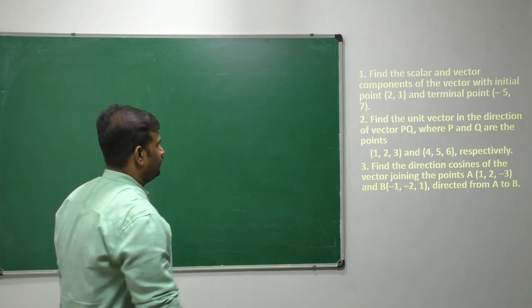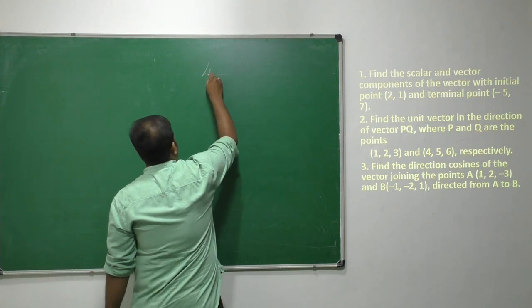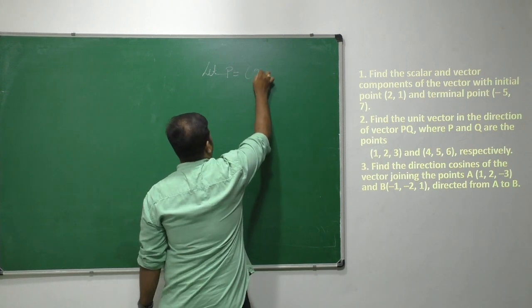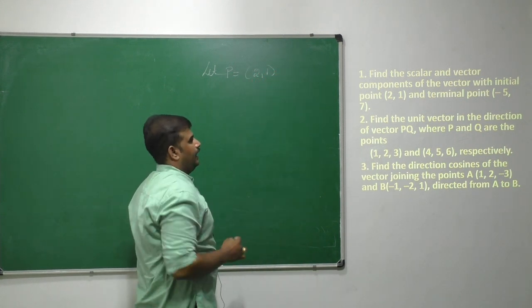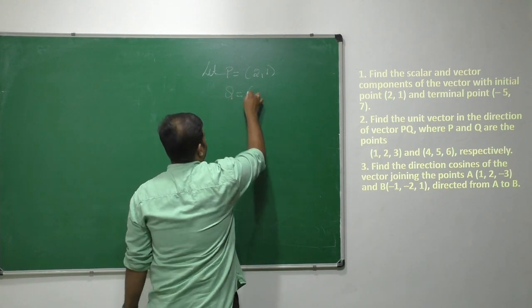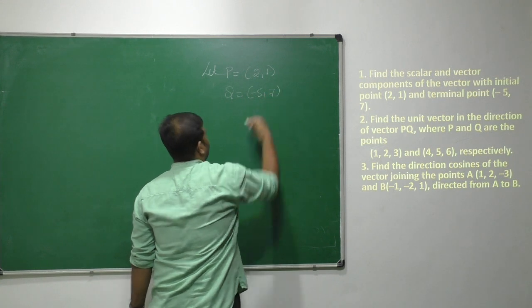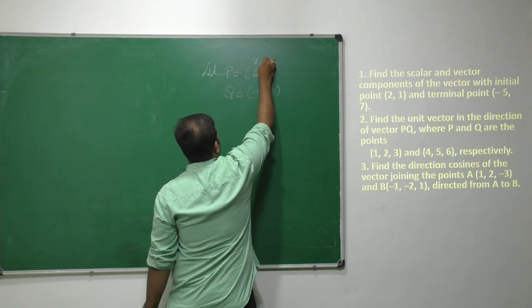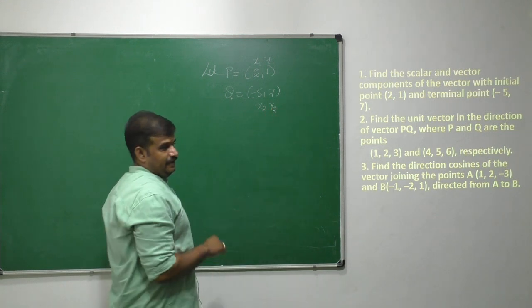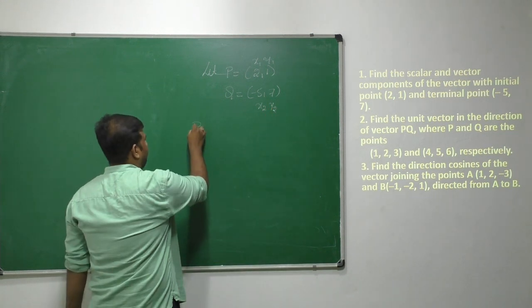Let me take the initial point as P, equal to 2, 1. And the terminal point I take as Q, which is minus 5, 7. Let me take these as x1, y1 and x2, y2. We have to first find PQ.